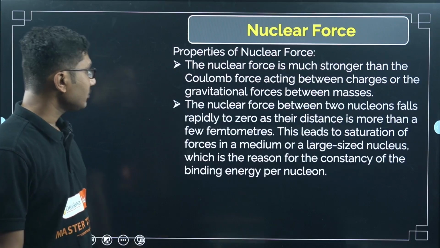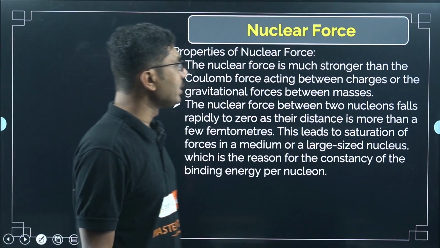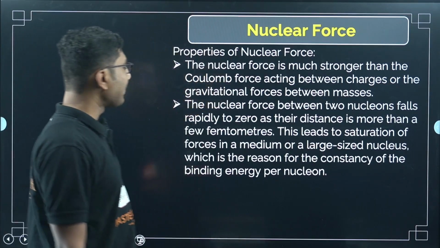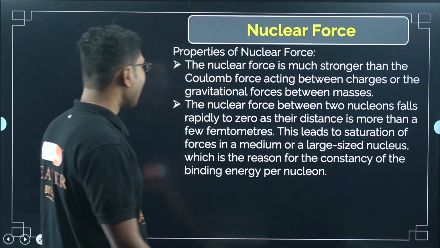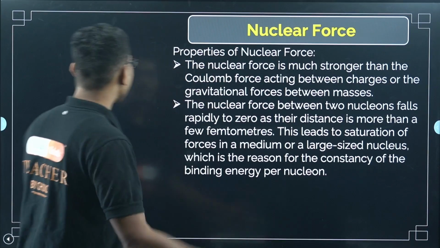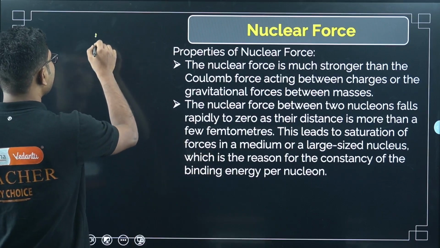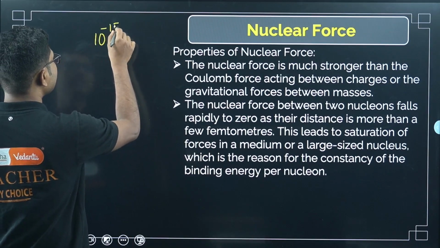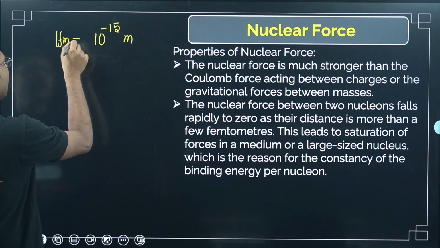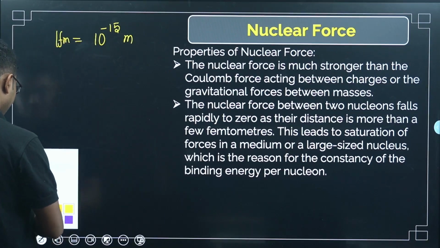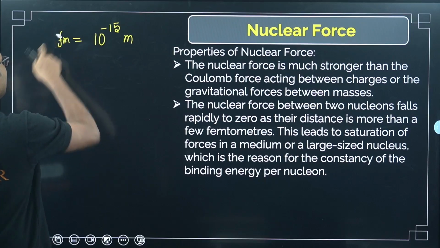The nuclear force between two nucleons falls rapidly to 0 as their distance is more than a few femtometers. Femtometer we have discussed: 10 to the power of minus 15 meters. That is 1 femtometer or 1 Fermi. Sometimes it is called Fermi, sometimes femtometer, right?